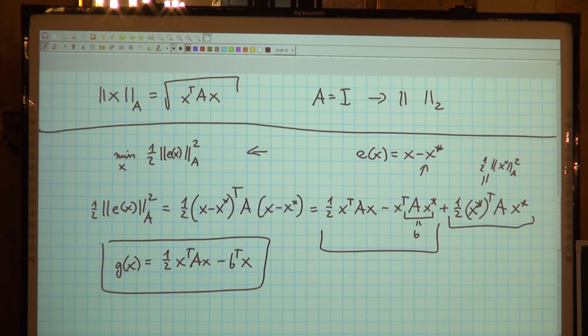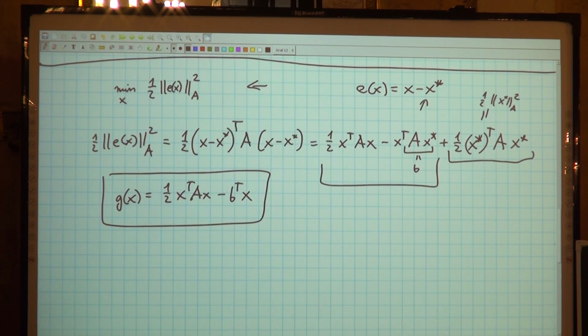Adding a constant, even if I don't know what it is, doesn't matter, because in the end all I care about are gradients anyway, and the constant gets cancelled out in the gradients. So I can just focus on minimizing this proxy function, which is exactly the same function that I want to minimize. Okay, so from now on, the problem we actually try to solve is this one.